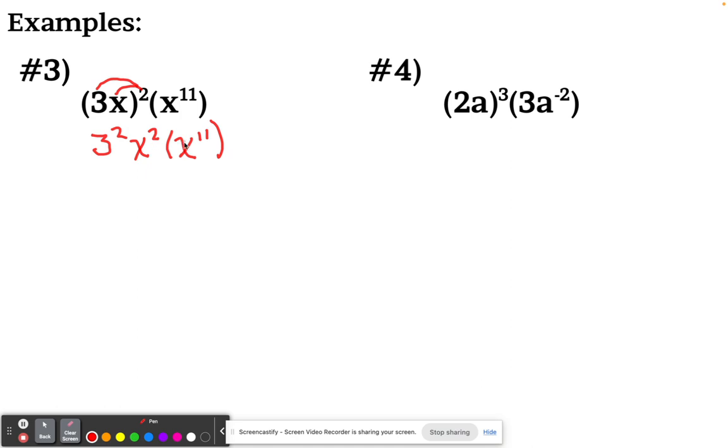Multiplying powers with the same base, I add those exponents. 2 plus 11 is 13. So 3 to the second power times x to the 13th power. And again, I can simplify that because 3 to the second power is 9, so 9x to the 13th power.